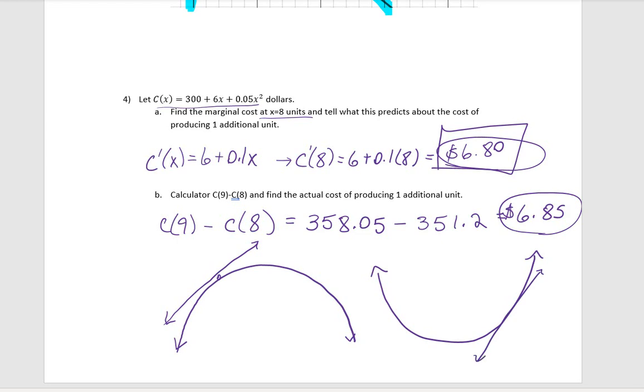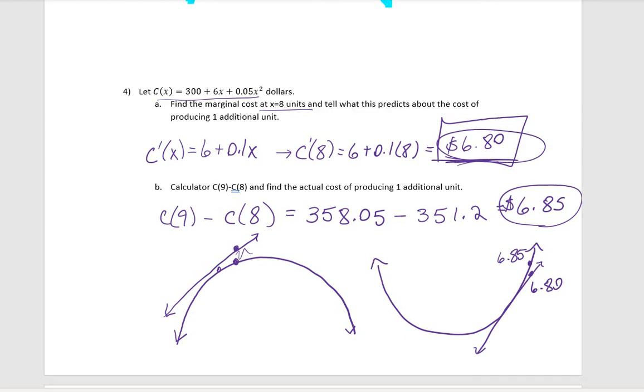Now when we do that, see how there's all that space in between them right here? What we might predict is something here, but the actual is something here. So in our case, we tried to predict what's going to happen at the 9th value, and this is what actually happened. We got a prediction of $6.80, when actually it's going to cost us $6.85. So remember, this is just a prediction of how much it's going to cost.